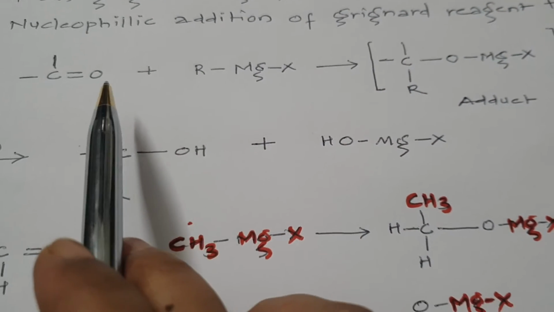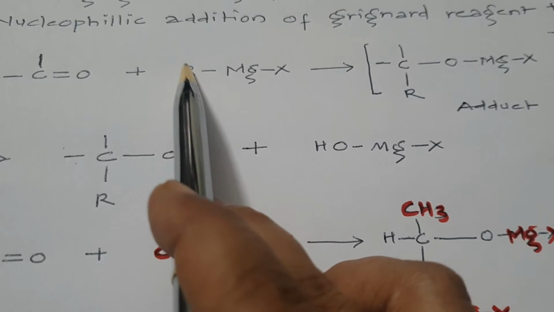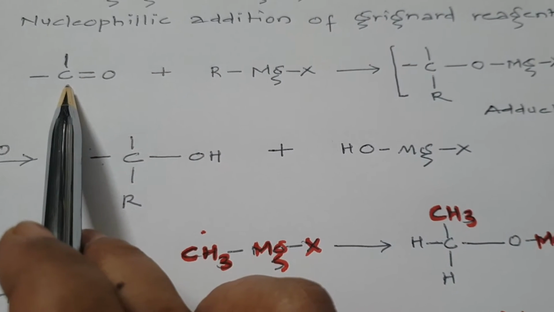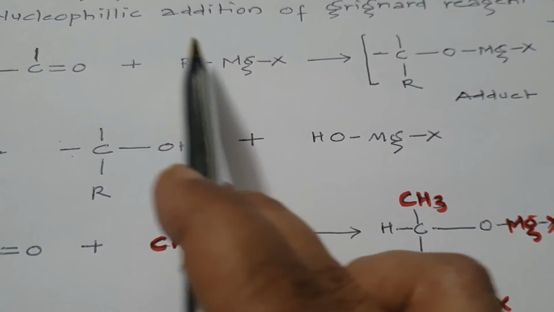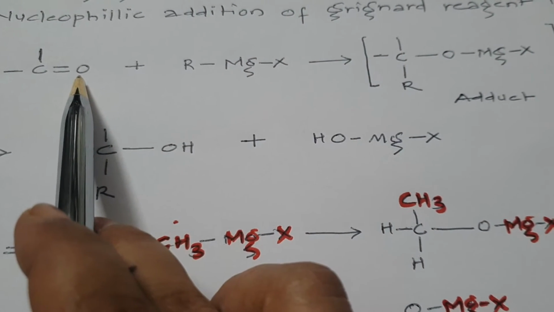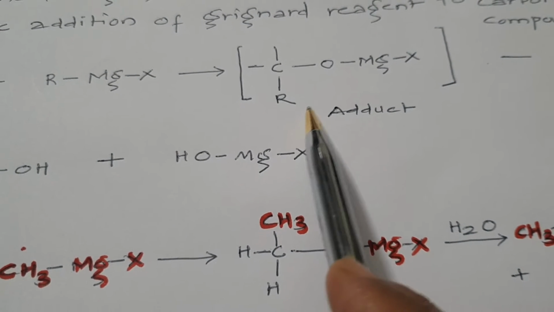Now look at how the addition takes place. The alkyl group adds to the carbon atom and the magnesium halide part adds to the oxygen atom. So here we have the adduct.